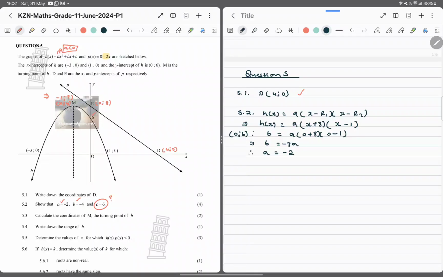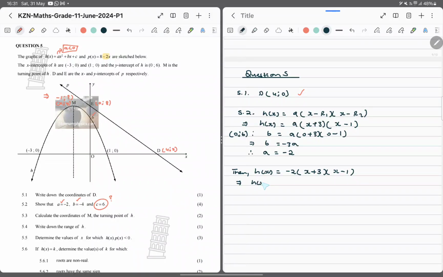Okay, good. We can say then, it's not f, but h of x is minus 2 into x plus 3 into x minus 1. Expand this.